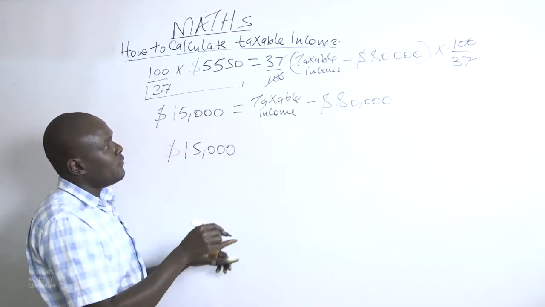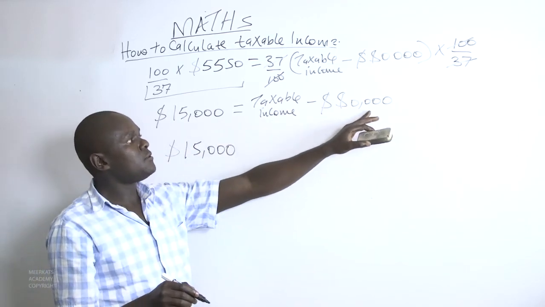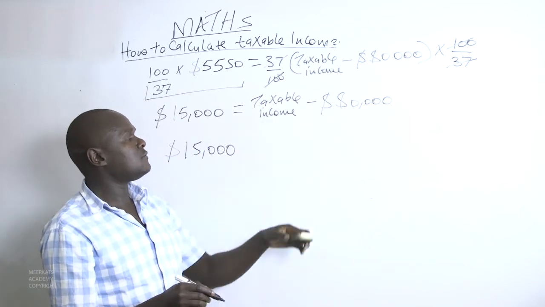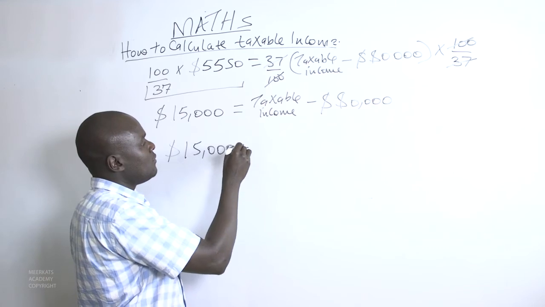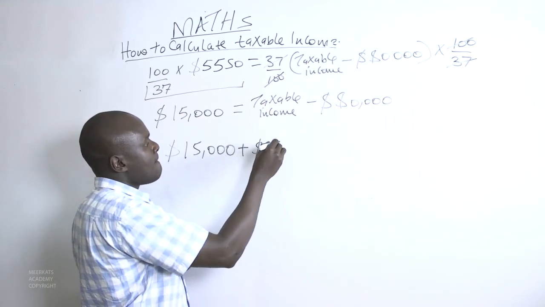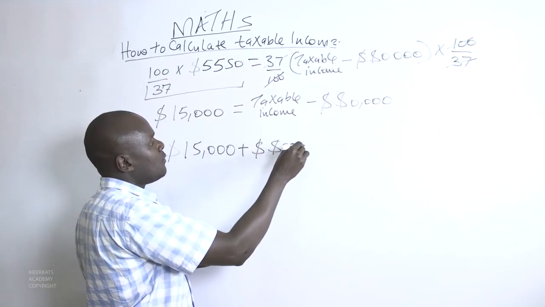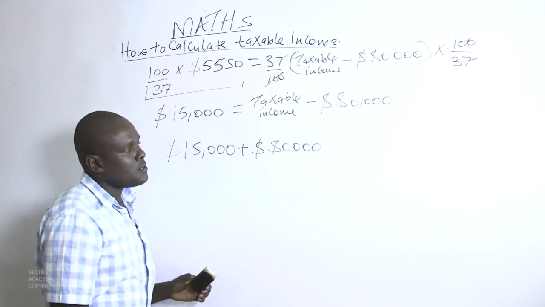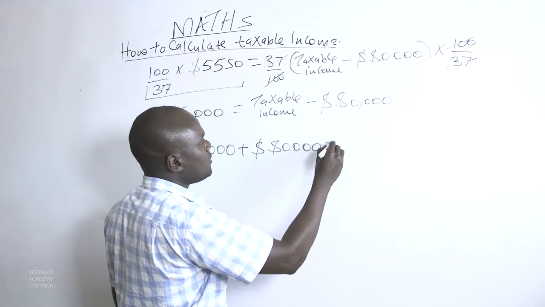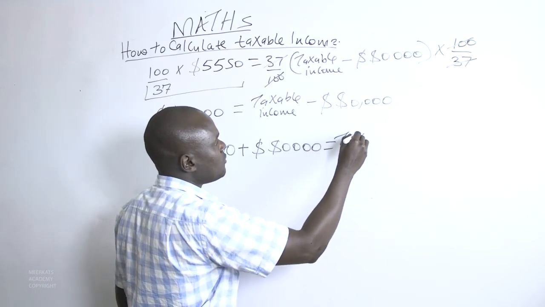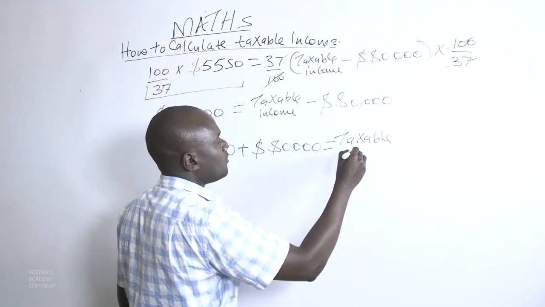On this side, $80,000 has a negative sign, so if it crosses to the other side, it becomes positive. This will be $15,000 plus $80,000, which should be equal to our taxable income.